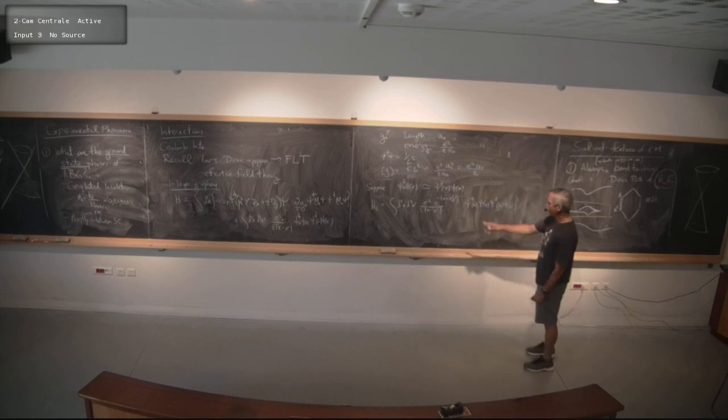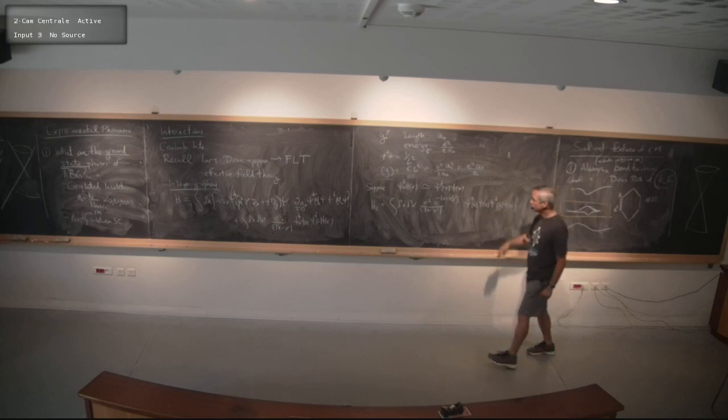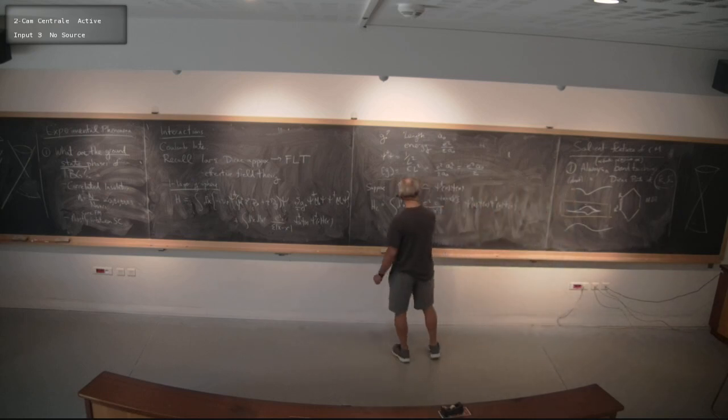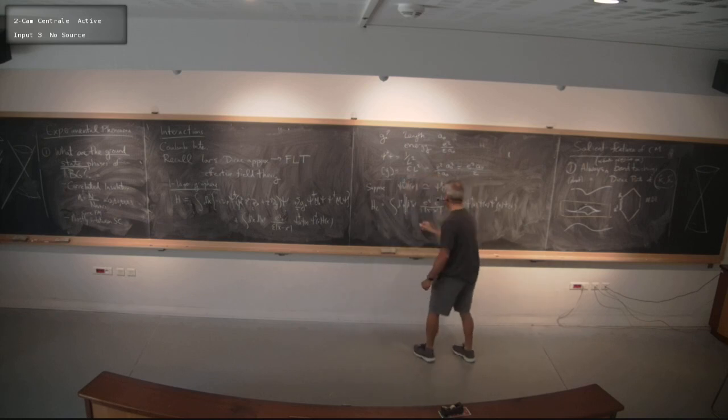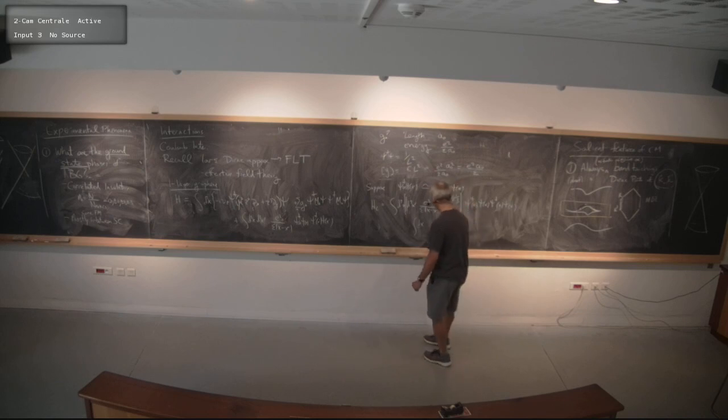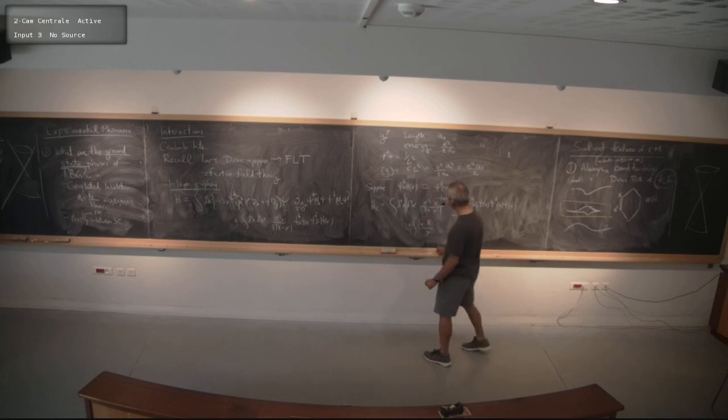So now I can actually do the x prime integral. Nothing else depends on x prime. What is that? We go to radial coordinates. We get 2 pi here, e squared over epsilon, dx.